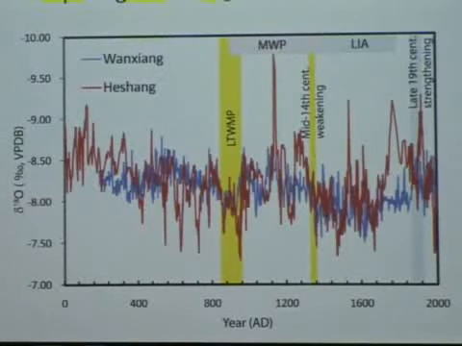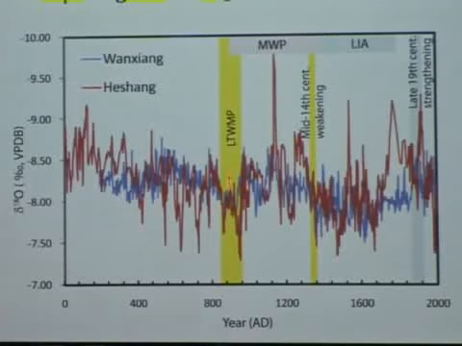So we can compare that record with the same period from the Heshang Cave stalagmite, which is located, again, farther south. And if you look here now, that same record from Wangxiang is in blue now, and the HS4 record is in red. And you can again see some similarities. In particular, the late Tang weak monsoon period shows up in both records, and this mid-14th century weakening seems much more severe in Heshang.